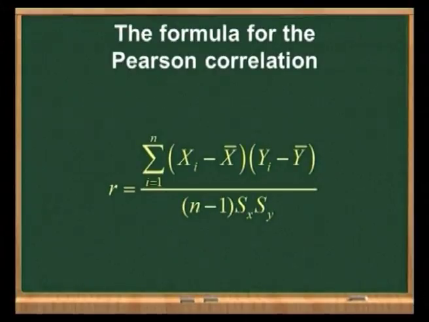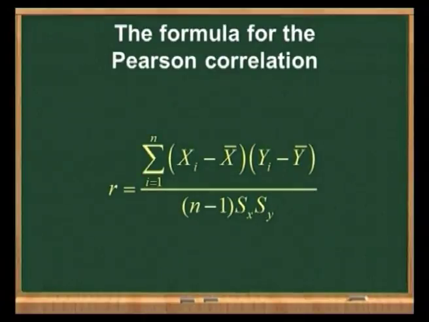Suppose we have two variables x and y, which have means x bar and y bar respectively, and standard deviations Sx and Sy respectively. The correlation is computed as below.